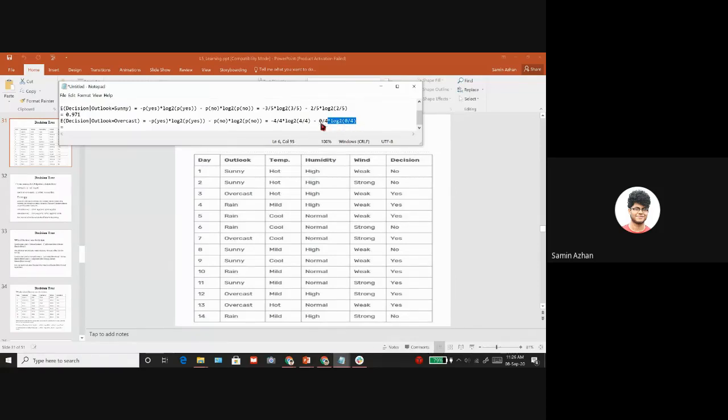You can assume that the entire thing will be 0. In fact, if you put this in a calculator, 2 to the power 0 should be 1. You can test it out in a calculator if you want. So the entire thing is going to be 0.